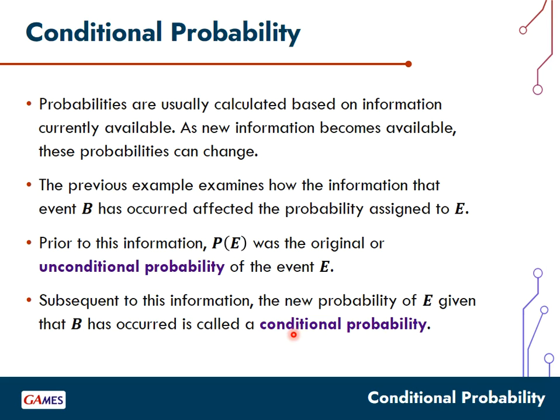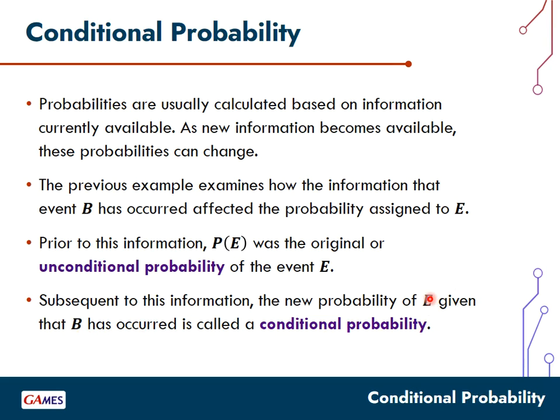There's no uncertainty involving this event B. We know that it has occurred, but there's still uncertainty involving the event E, because we don't know whether it would occur. Even if we get an interestingly high probability, that doesn't guarantee that the event E would occur. So B is certain, E is still uncertain.